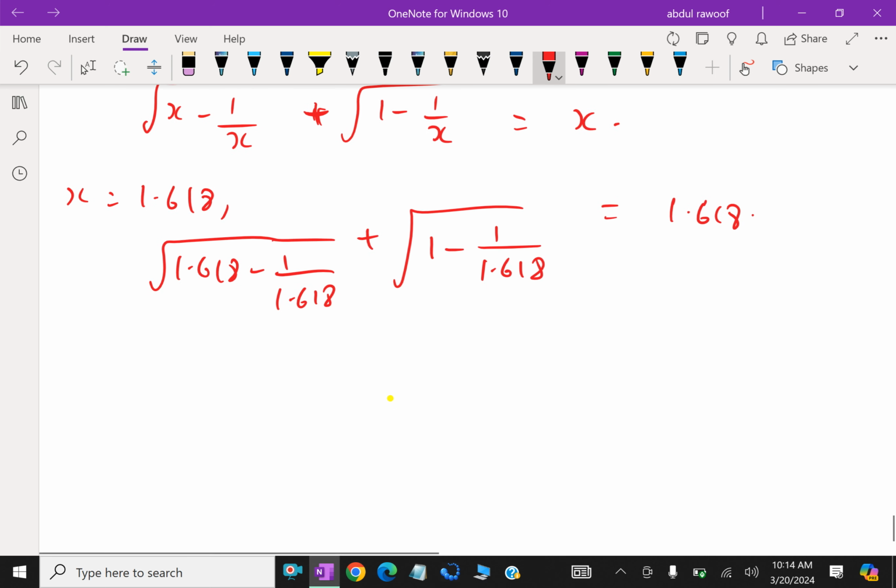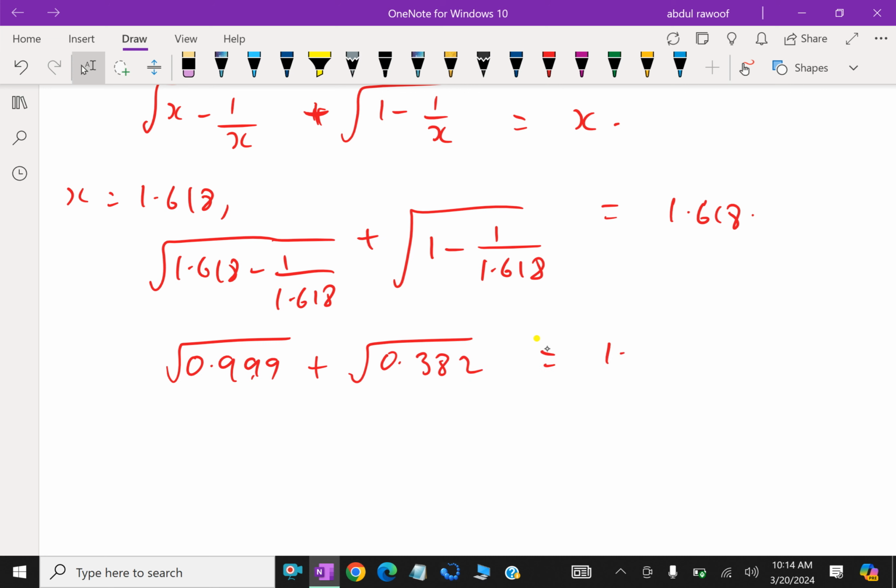Here, this first part is square root of 0.999, it's 3 decimal places, and plus the second value is 0.382, which is equal to 1.618.